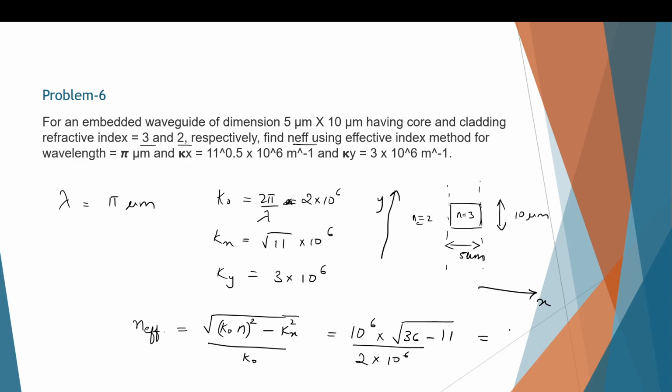So that will become 36 minus 11 is 25, root is 5, 5 by 2, that is 2.5. This one is fine, right? Yes, ma'am. Okay.